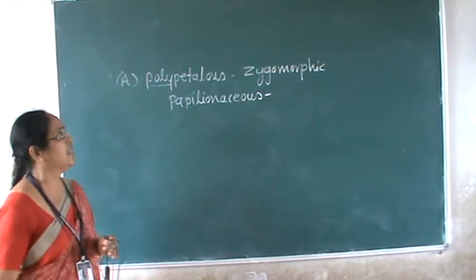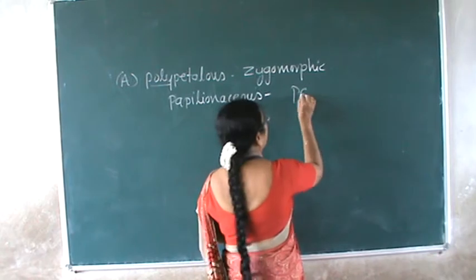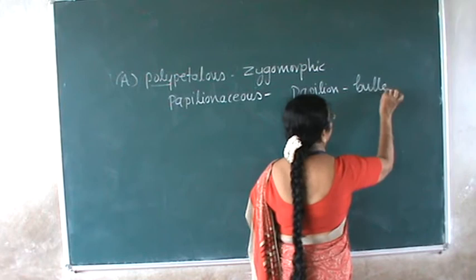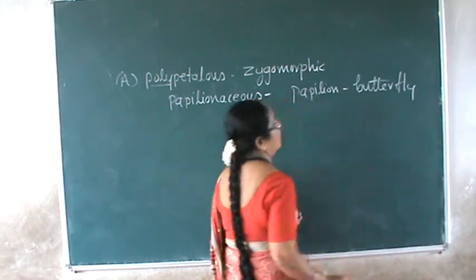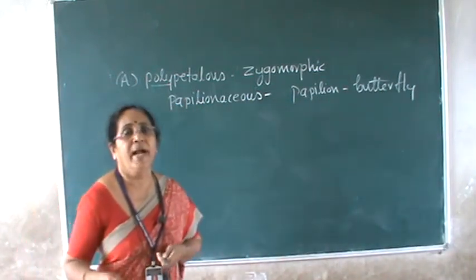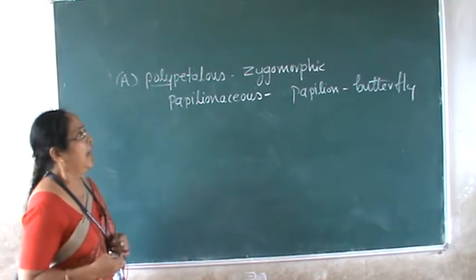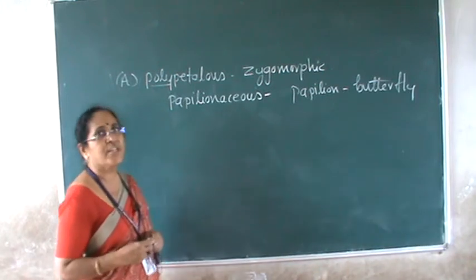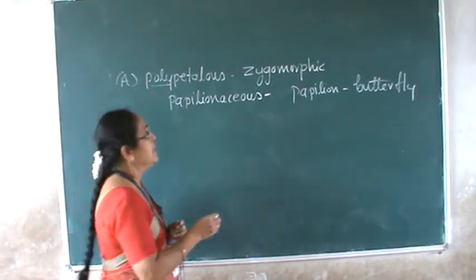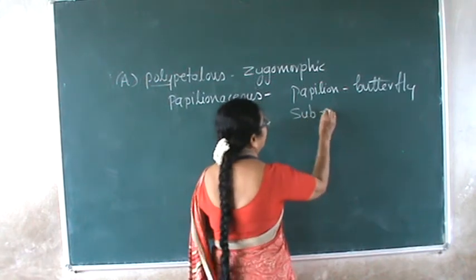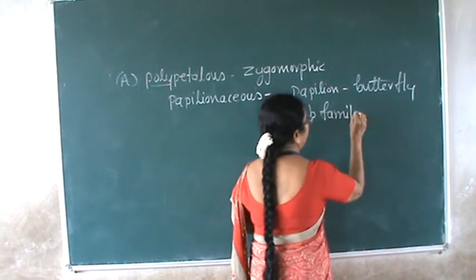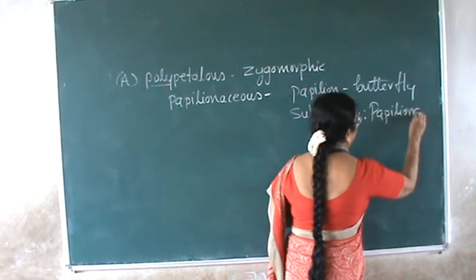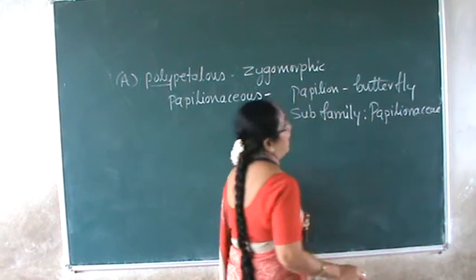Okay, papilionaceous. The word papilio, meaning is butterfly. It is a Greek term, and it gives a butterfly look to the corolla. And in this case, papilionaceous corolla, it is found in the members which belong to subfamily Papilionaceae.